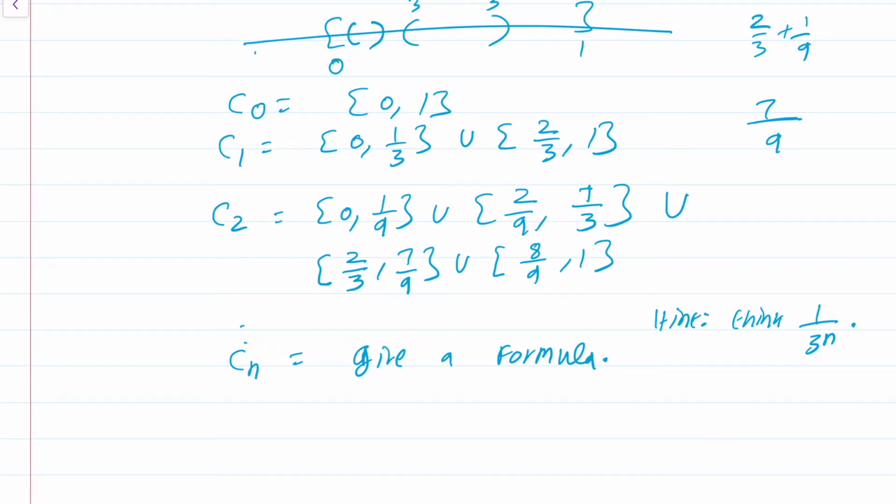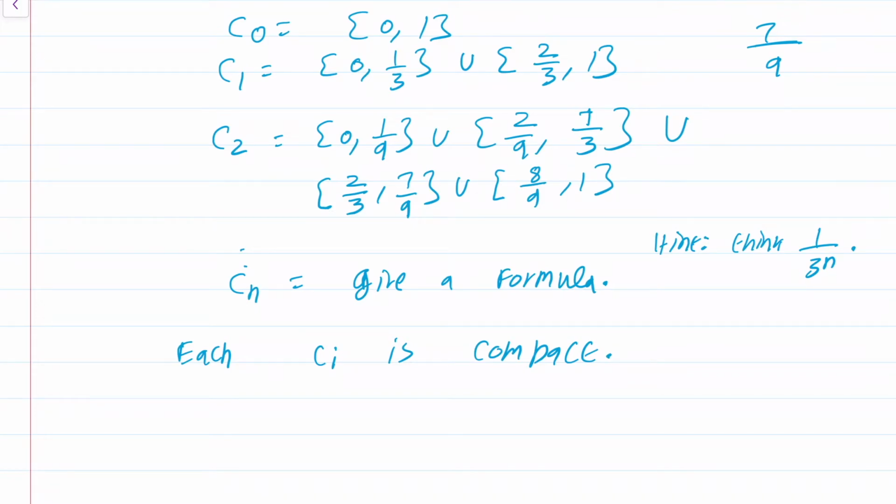Now, what are the properties of C0, C1, C2, Cn? Well, each Ci is compact because it is closed and bounded. It's closed because it's a finite union of closed intervals. It's compact because it's bounded also. Look at the intersection of the Cn. This is going to be a non-empty closed set.